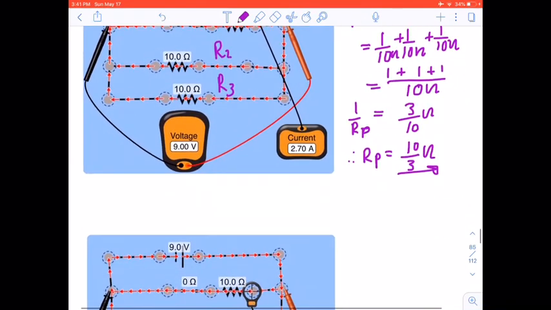Now if we want to know what's the current in the circuit, we say I total is equal to V total upon R across the parallel branch, which would be equal to R total, okay?